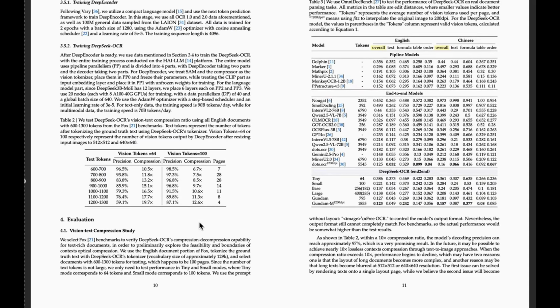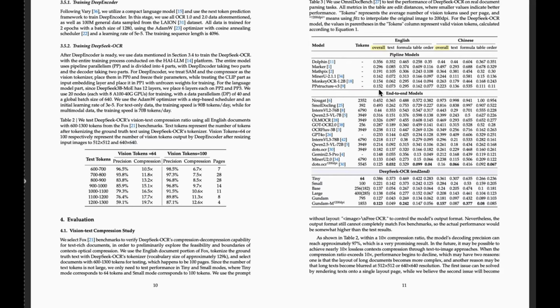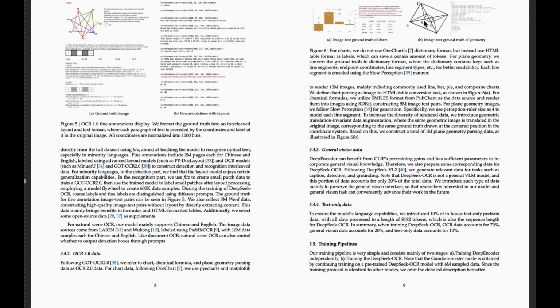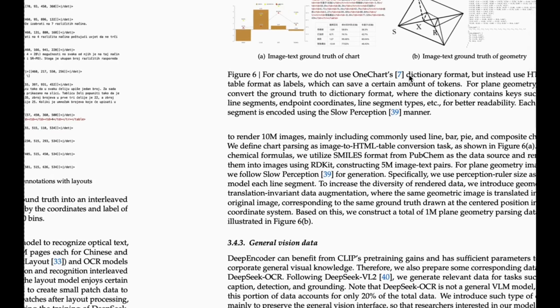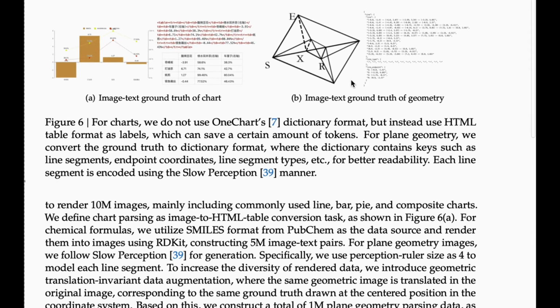And even if we move further, yeah. If you look at this image right over here, they don't just do OCR, they can parse charts into HTMLs as well and convert molecular images to SMILES strings.